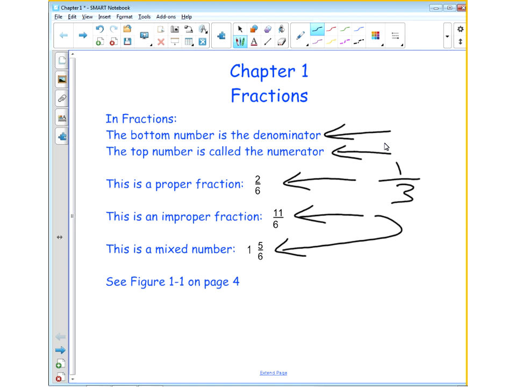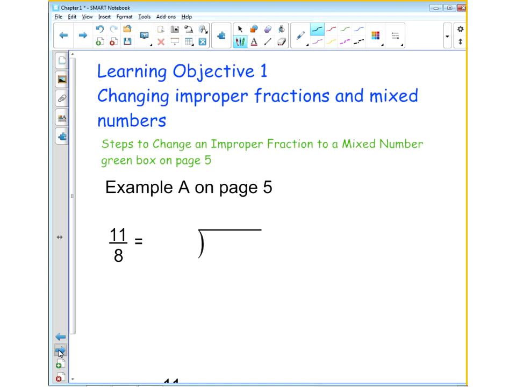All right, let's move on now. Learning objective number 1, changing improper fractions and mixed numbers. The steps to change an improper fraction to a mixed number are in a green box on page 5. Throughout the textbook, you'll find green boxes like this with the steps to do a specific task.